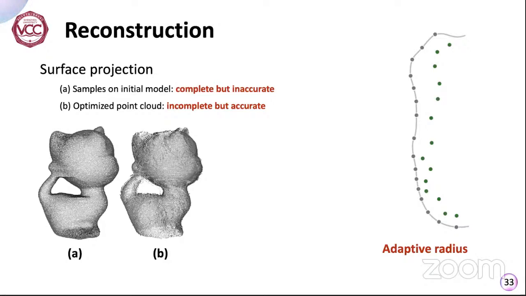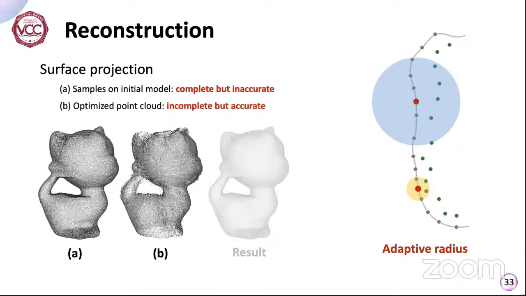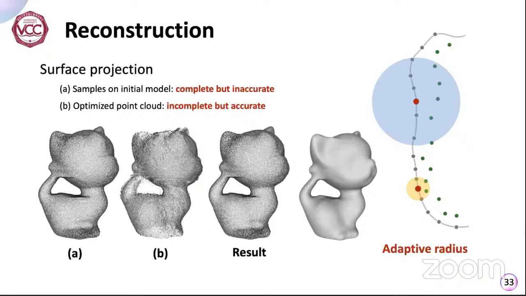So we consider using an adaptive radius to project these samples on the initial model A to the optimized point cloud B. As shown, a large radius should be used when the sample is far away from the optimized point cloud, while a small radius is preferred when they are close. After projection, this reconstruction is much better than before with more details recovered.